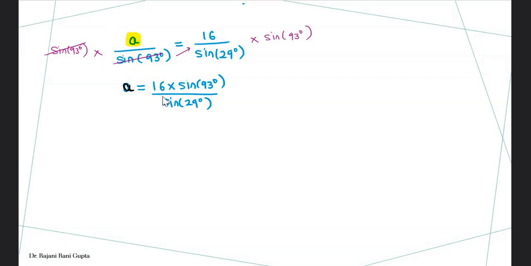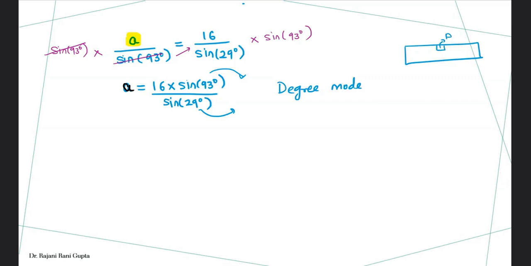Now calculate this value of a using a calculator. You have to calculate sine of 93 degrees and sine of 29 degrees. Make sure your calculator is on degree mode. On the screen of your calculator, at the top you will see D. Sometimes it's on radian mode.